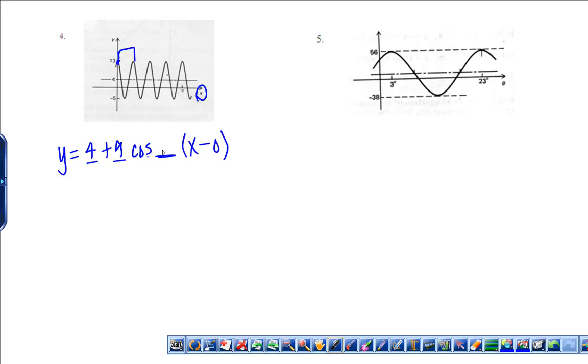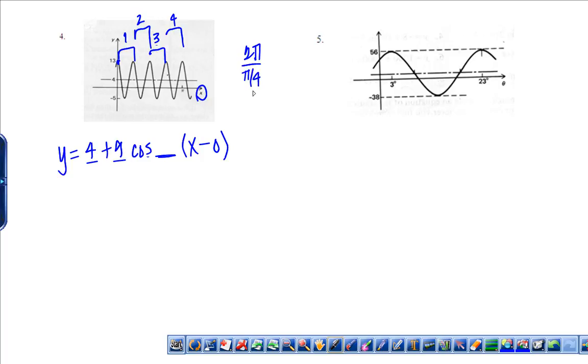So now we need to figure out our b. So we've got 1 cycle, 2 cycles, 3 and 4 cycles. Just to give you an idea of what we got here. So from 0 to pi, we have 4 cycles. So I'm going to say 2 pi over pi over 4.